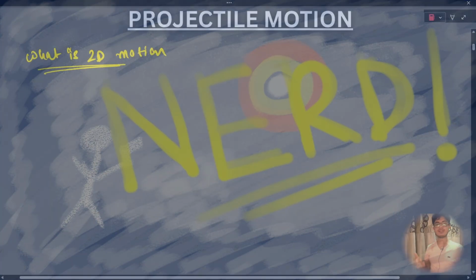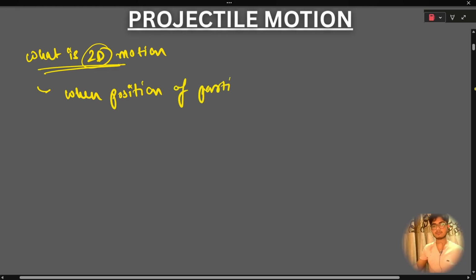So guys, welcome to a new chapter that is motion in two dimension, and the first topic is projectile motion. And we start with what is 2D motion. We've already talked about this in 1D, that when the position of a particle is determined by two axes.